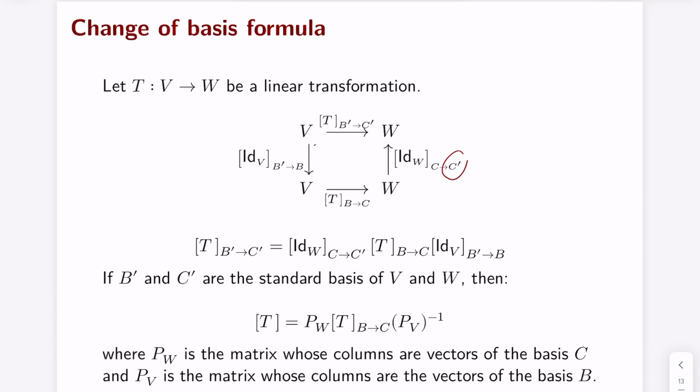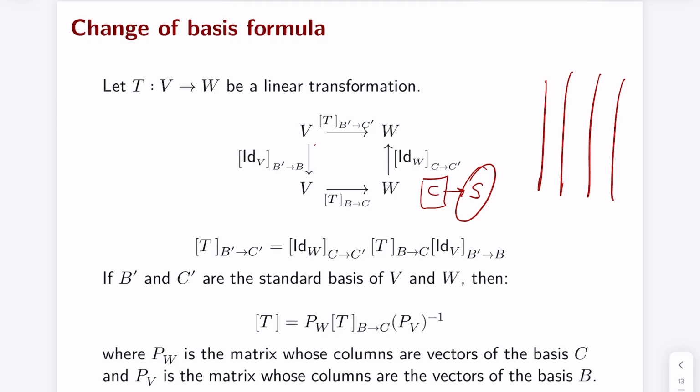So we said that C prime and B prime are going to be the standards. Remember that if you have an arrow like this, C to the standard, what this means is that you just write the base directly like that. So when you have standard as the second base, you always just write the matrix right away without having to find out the coordinates in another base.